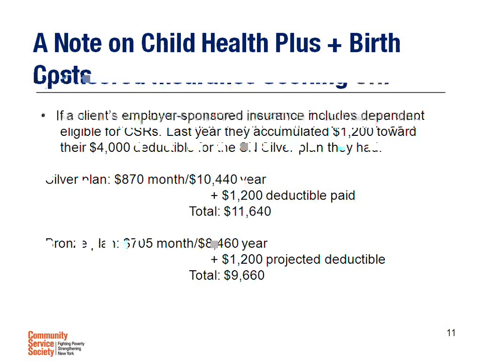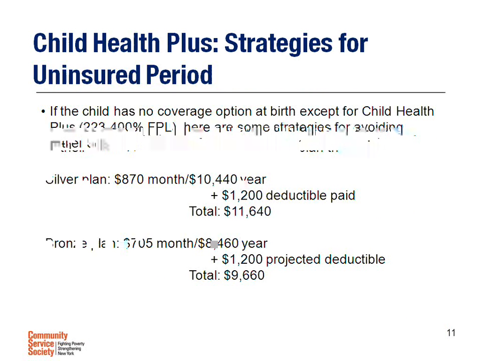And so I'm going to talk a little bit about ideas for parents who are going to enroll their children in Child Health Plus, are not able to enroll them in Medicaid, are not eligible for employer-sponsored coverage, and need to figure out how they're going to pay for those first few weeks or up to over a month of the child's life.